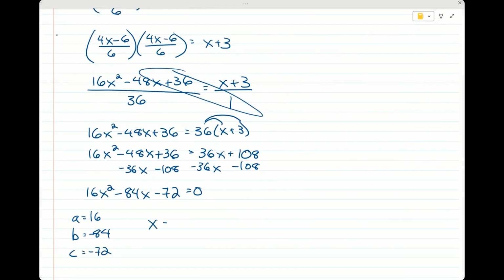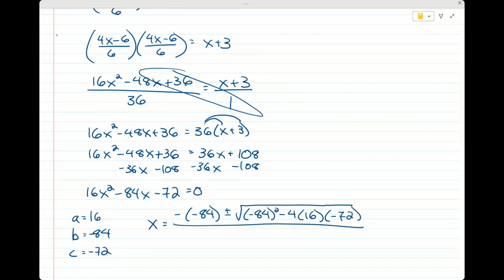And then let's just hash this out using the quadratic formula. So x would be the opposite of negative 84, plus or minus the square root of negative 84 squared minus 4 times A times C, all divided by 2A.